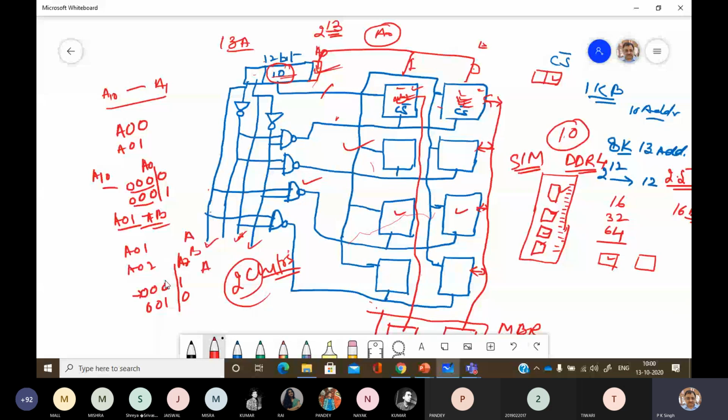Okay, A1 has to be changed. So you have to write another address. And if you write another address, that will initiate another memory cycle. So if your data starts from an odd memory bank, then you need two memory cycles to read 8-bit information. But if it starts from an even memory bank, then you need a single memory cycle to retrieve the information.